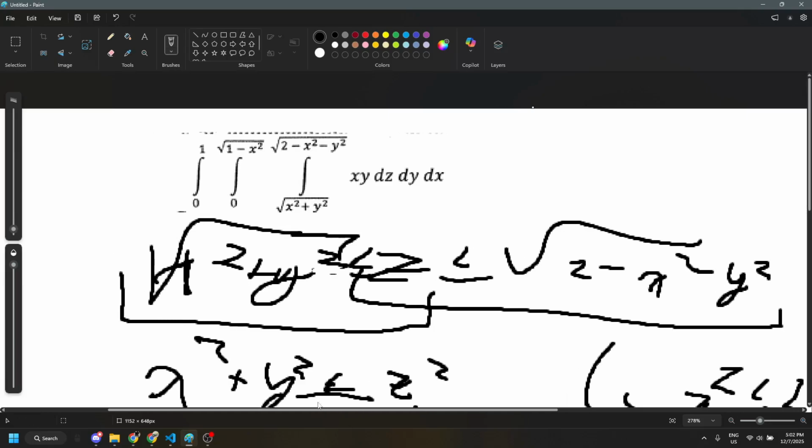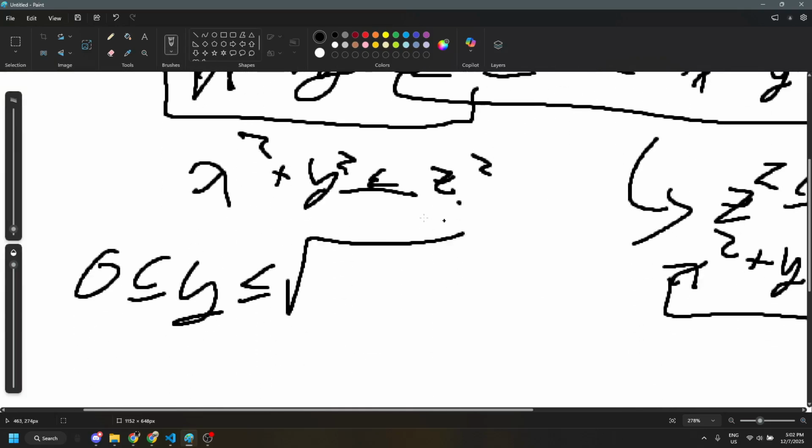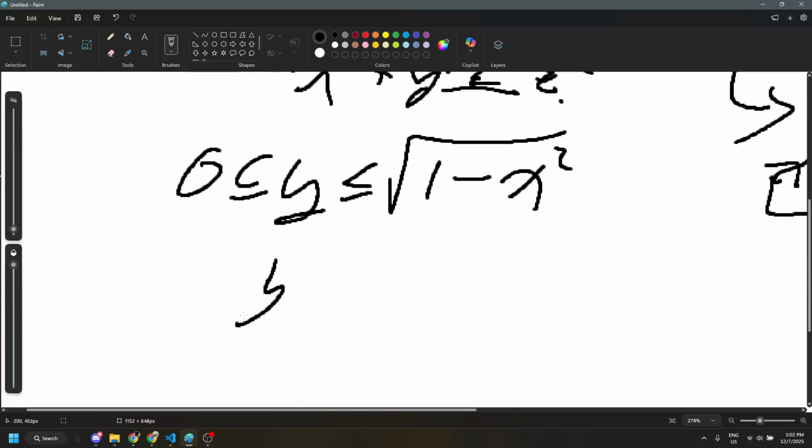So, we know that 0 is less than or equal to y, which is less than or equal to the square root of 1 minus x squared. So if we look at this, x squared plus y squared is less than 1.